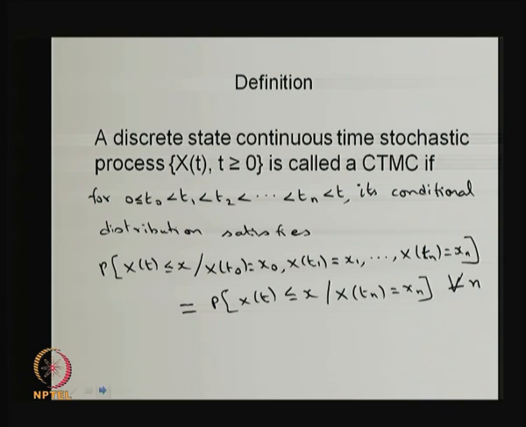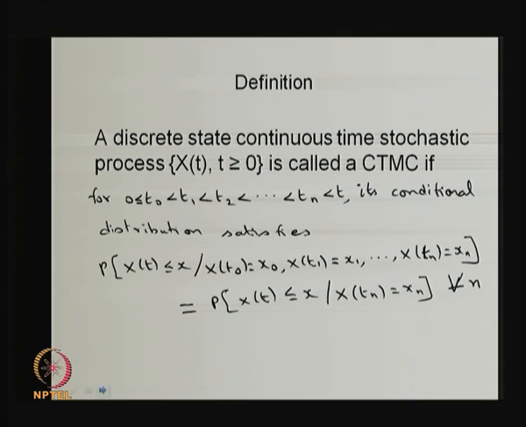So, that means you have n plus 2 random variables taken at the arbitrary time points t0 to tn as well as t. And you are finding the conditional CDF of the random variable X(t), given that the other n plus 1 random variables taken at those arbitrary time points have already taken the values x0, x1 and so on till xn.